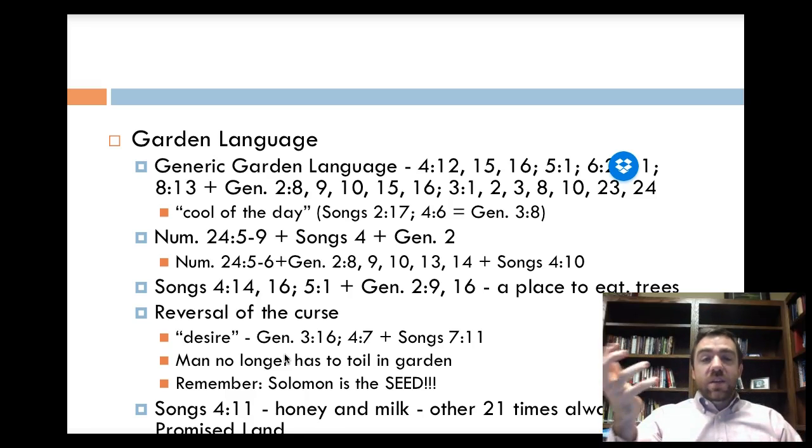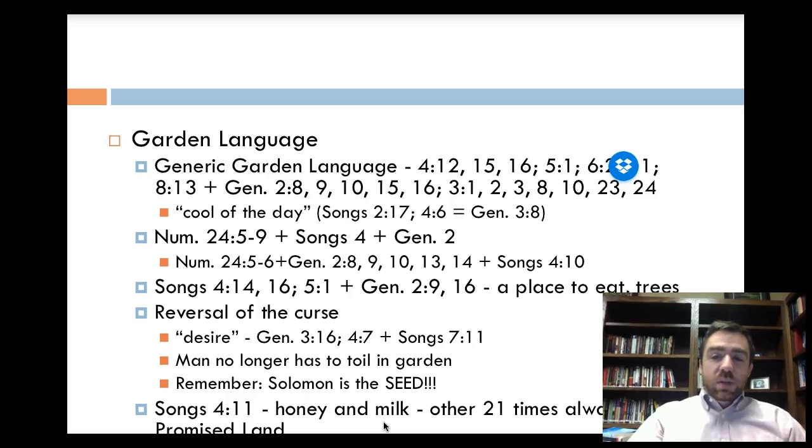And then finally you get this garden language. Again, I'd encourage you to look up these references. They may be more clear in the Hebrew, but if you have questions about them, please let me know. One of the clearest examples is Songs 4:11. It uses honey and milk together. The other 21 times those two words occur together are all references to the Promised Land.